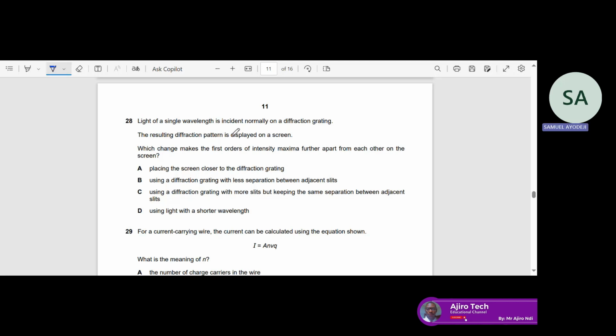Light of a single wavelength is incident normally on a diffraction grating. The resulting diffraction pattern is displayed on the screen. Which change makes the first order intensity maxima further apart from each other? Okay, you have it like this. Let's say this is central.